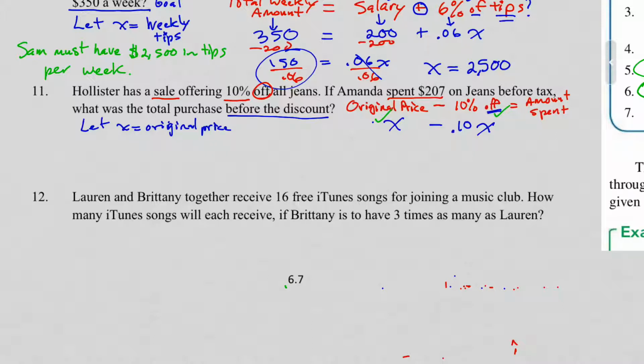Okay, so let's say the jeans were $100, and you know that 10% of 100 is $10, so 100 minus 10 would equal 90. Okay, that's just a quick example. So this is what we don't know and we're trying to figure out, but we do know as a clue that she spent $207. So now we have basically a 1X minus a 0.10.